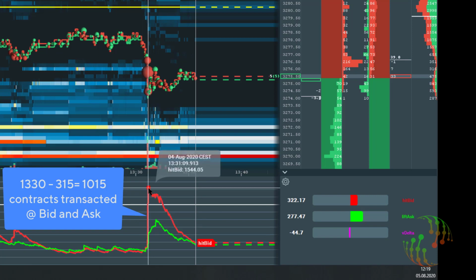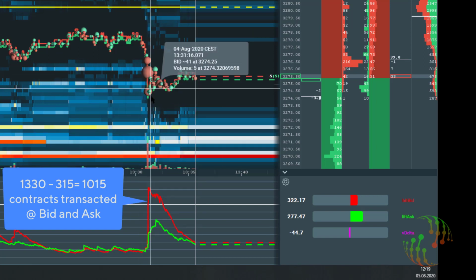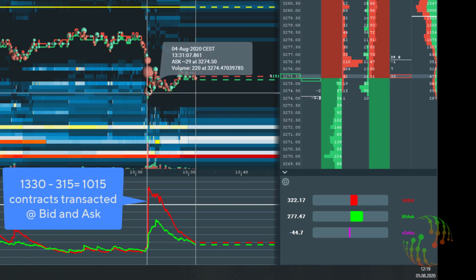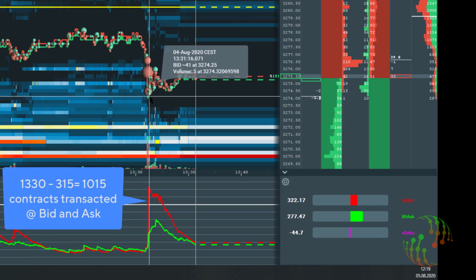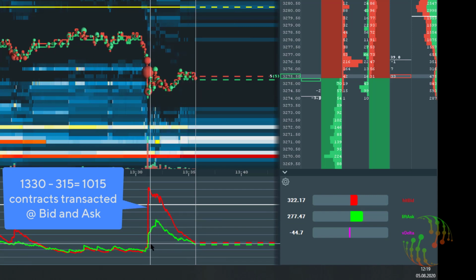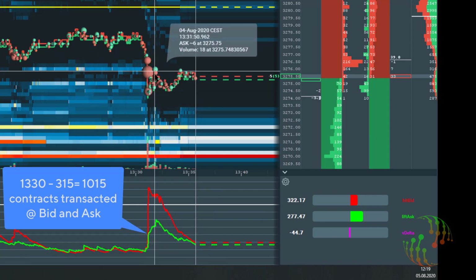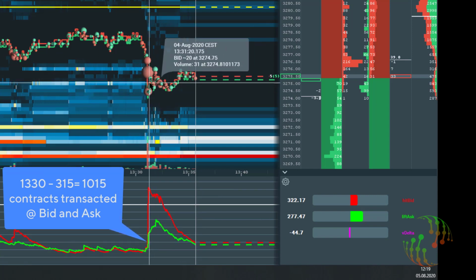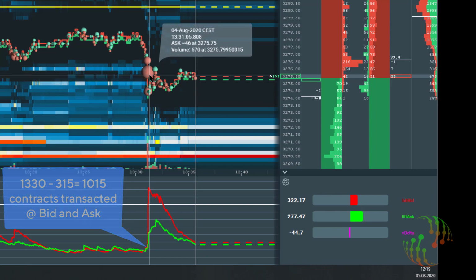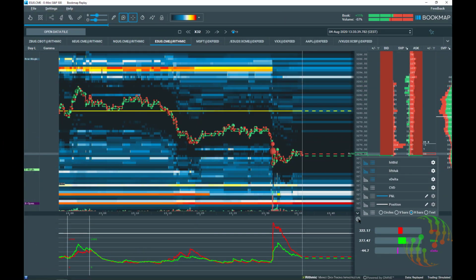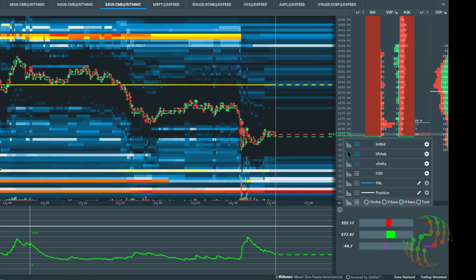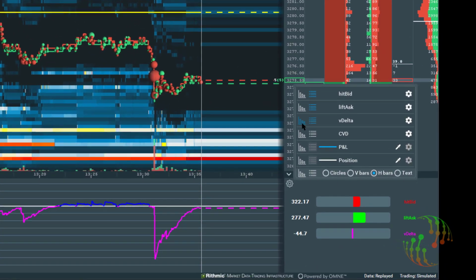We have two calculations here. First, the number which hit the bid was roughly 1,324 contracts or orders transacted on this price level, or swept through the price levels until here. And on the ask side, there have been roughly 315 orders transacted immediately. If you don't want to look at hit bid and lift ask, you can switch it off and see the delta.